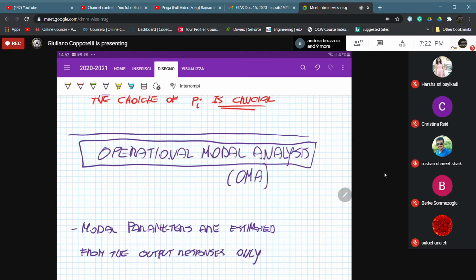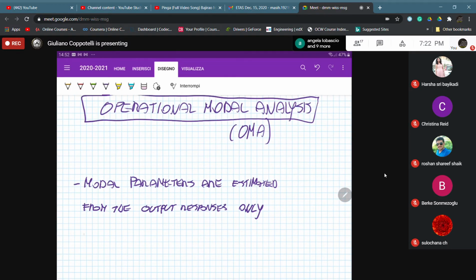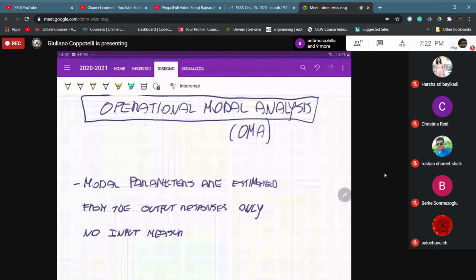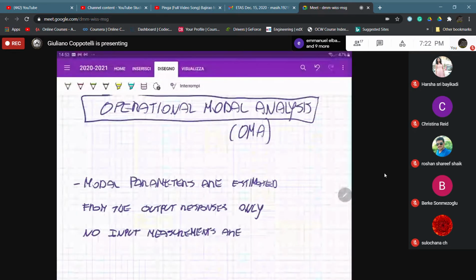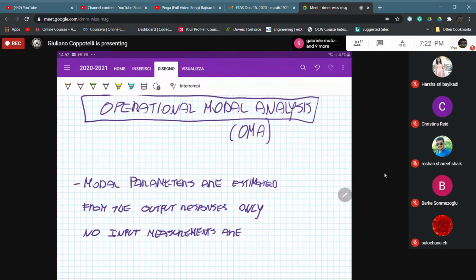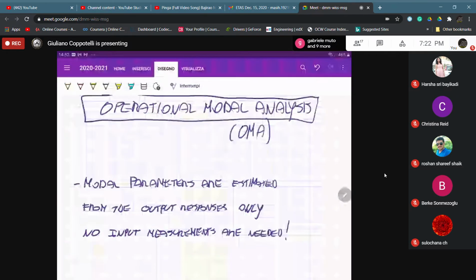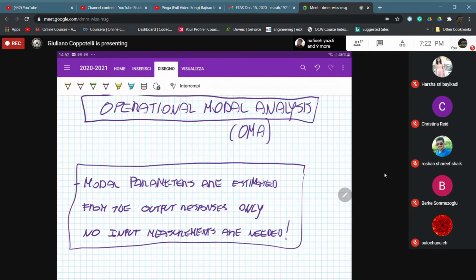Okay, that is, no input measurements are needed. Okay, and that is one of the best features that these methods have.